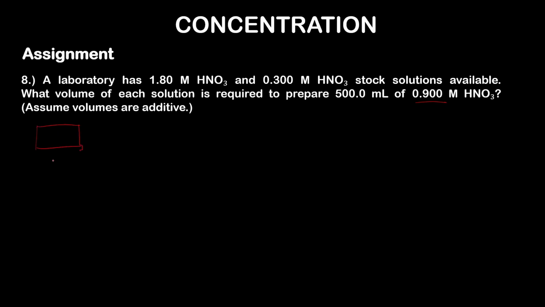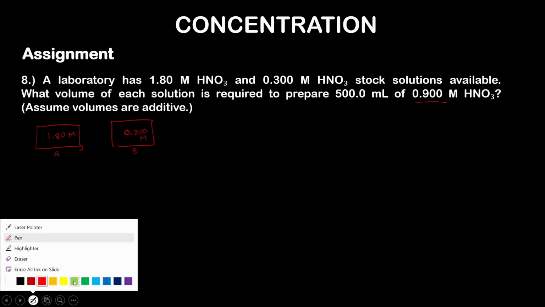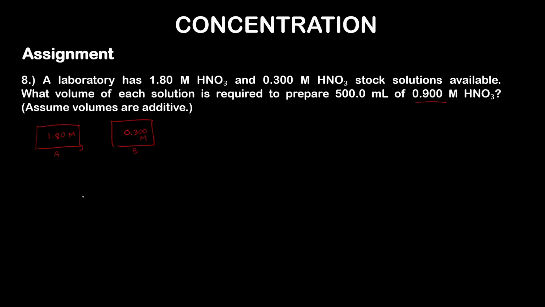Let's say this is stock A, 1.80 molar, and we have stock B, which is 0.300 molar, and we want to create this solution, 0.900 molar, and it should be 500 ml.